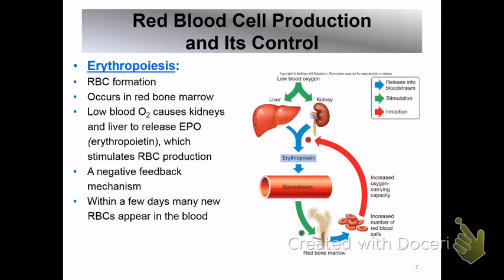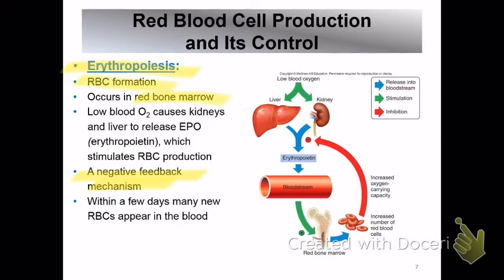Okay, highlight this. Erythropoiesis is where the red blood cells are made. So erythropoiesis, red blood cells are made where? In the red bone marrow. So make sure you've got all of that. This is a negative feedback mechanism. What that means is when you're low on blood, you make more. When you've got enough blood, you don't make as much.